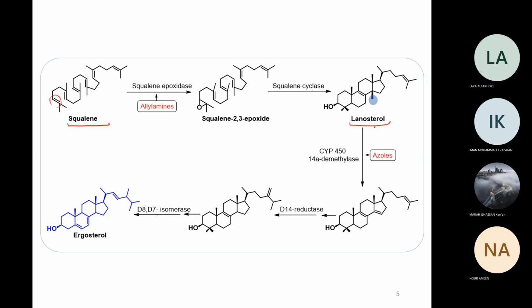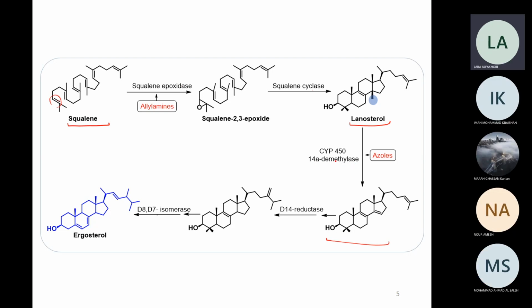Now, lanosterol is converted to another intermediate via a cytochrome P450 which is called 14 alpha demethylase. We will also talk about this enzyme, what it does, how it does so, and this enzyme is considered a target for a very important class of antifungals that we call the azoles.